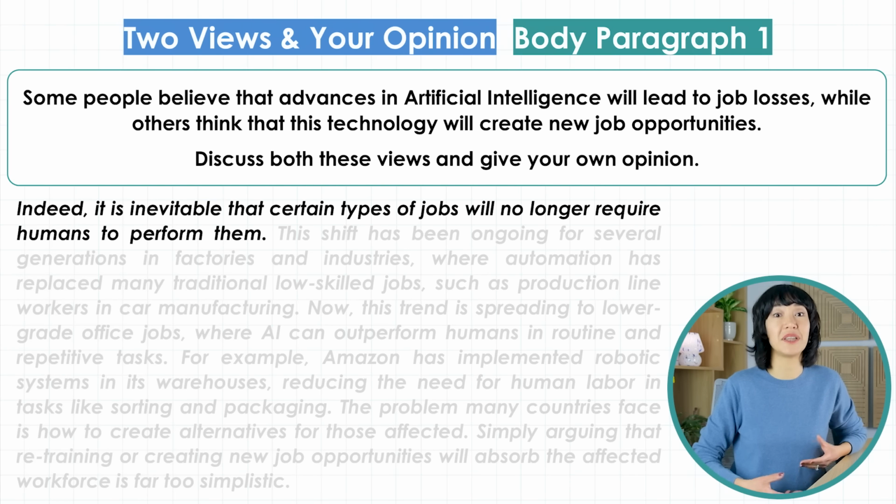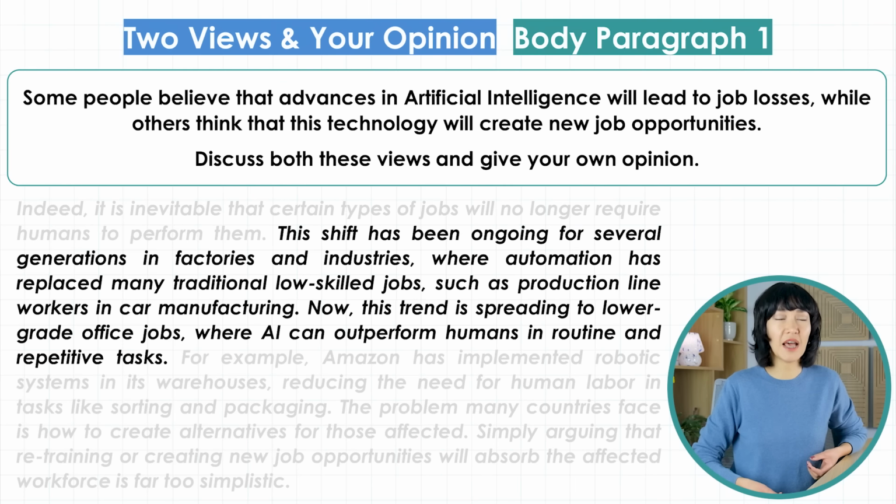Now we need some explanation. "The shift has been ongoing for several generations in factories and industries, where automation has replaced traditional low-skilled jobs, such as production line workers in car manufacturing. Now, this trend is spreading to lower-grade office jobs, where AI can outperform humans in routine and repetitive tasks."